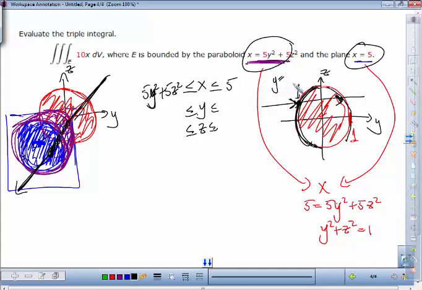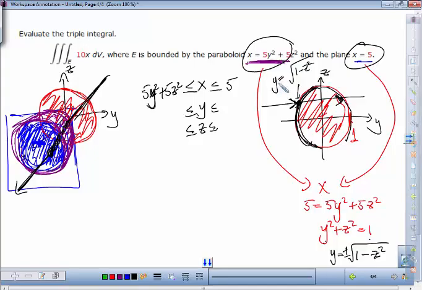Square root of 1 minus z squared. So we're in y and z now. So this is y squared plus z squared is equal to 1. And if I'm looking to solve for y, I solve for y here. Now, my equation that I put here isn't quite correct, right?